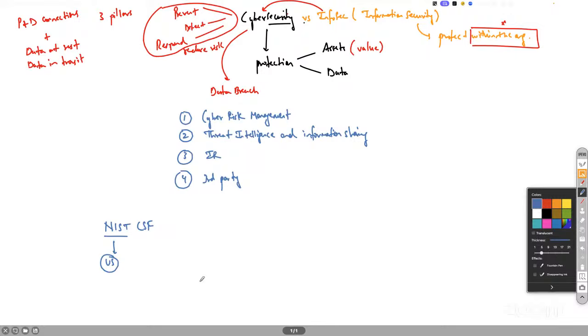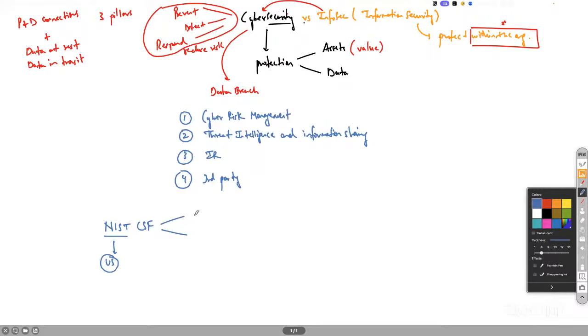So these are generic guidelines which can be applied to any product, any solution, it does not matter. So NIST has a couple of different types of such guidelines.